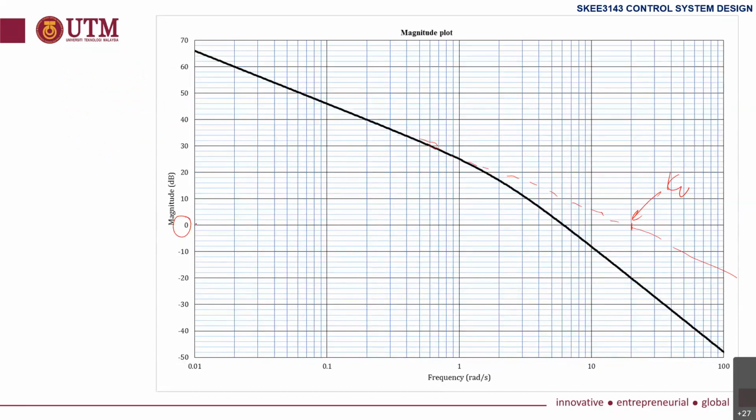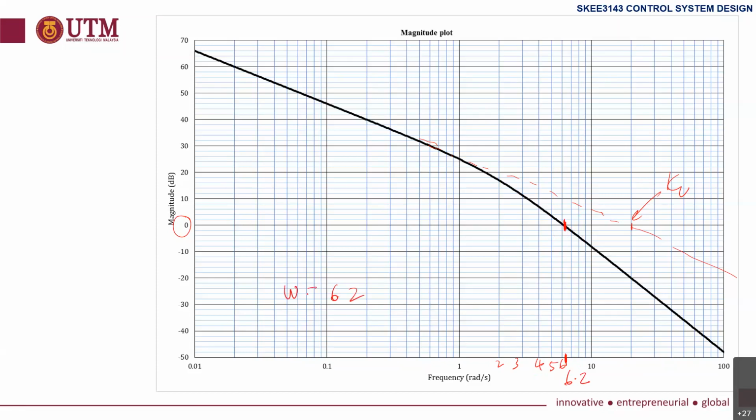Phase margin is obtained when the magnitude crosses 0 dB. Crossing 0 dB here is about 1, 2, 3, 4, 5, 6. But 6 point something, maybe 6.2. Let's say this is 6.2.